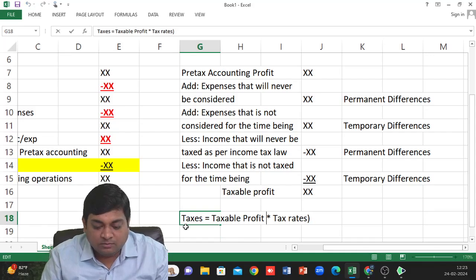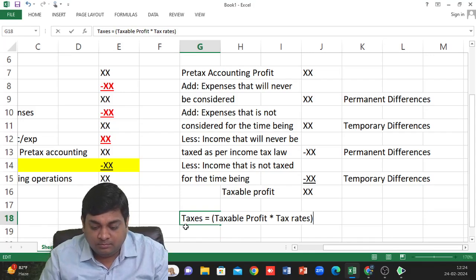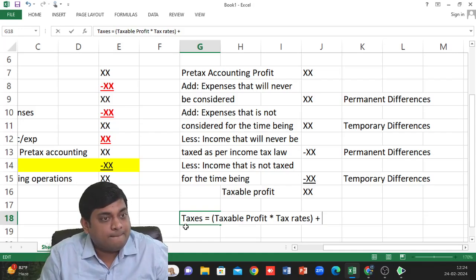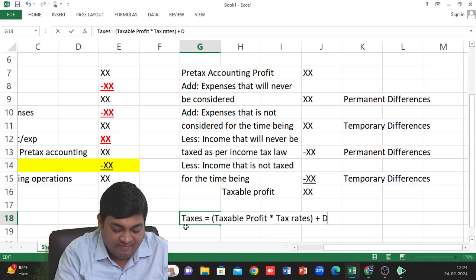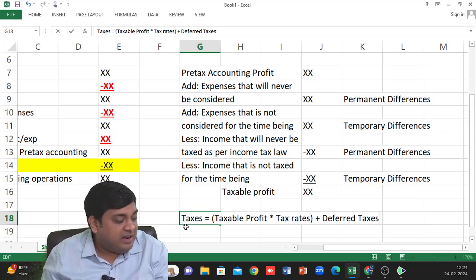Taxable profit into tax rates plus deferred taxes.